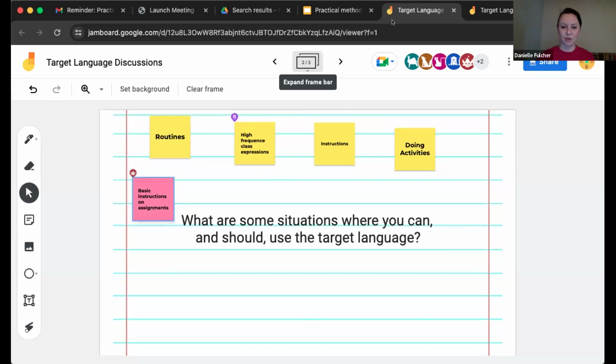Where else can we use the target language? Yes, singing in TBR. Although some of the times I might torture my students with my awful singing voice, but yes, it is a very effective one.